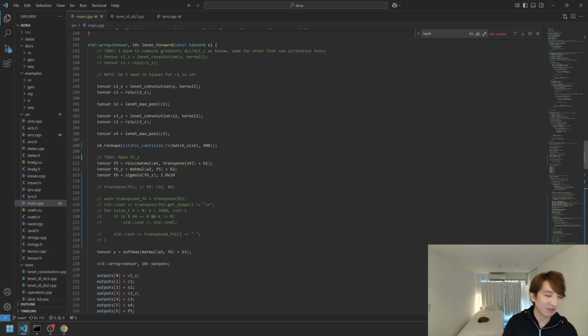So the gradients were getting really big. I forgot how to pronounce it, but yeah, the gradients were getting so big.